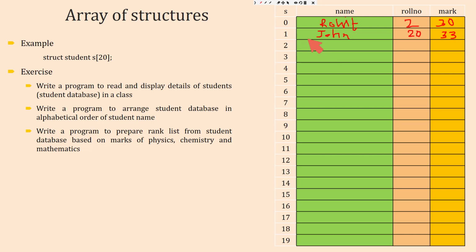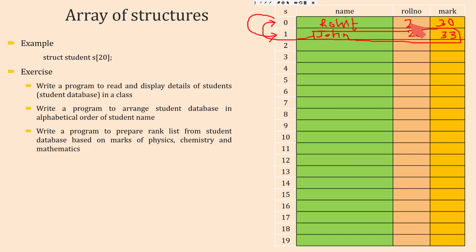Suppose if we are sorting, this entire row will become the first row, and this first row will become the second row. So here if we sort only the name, what happens?